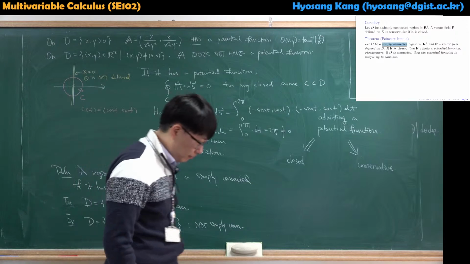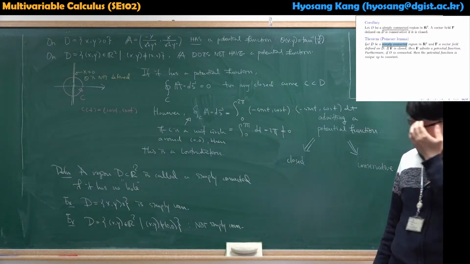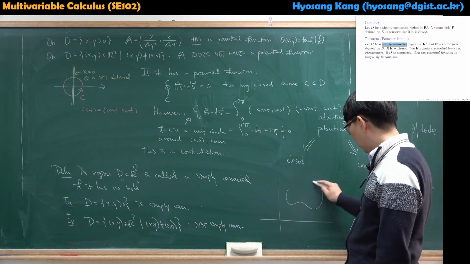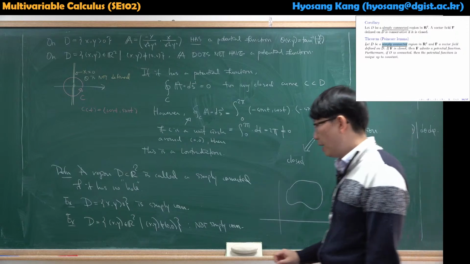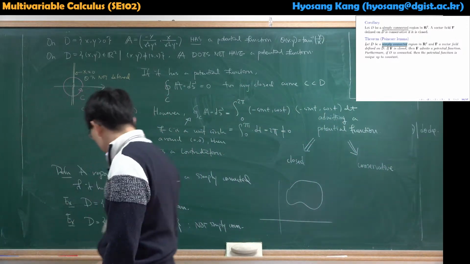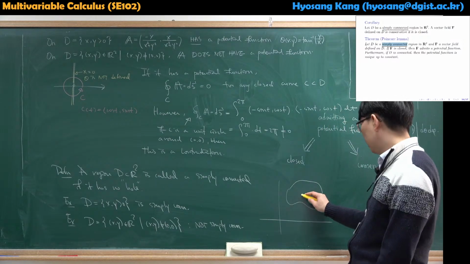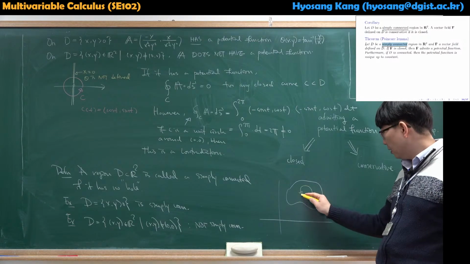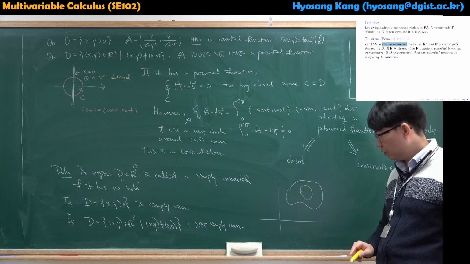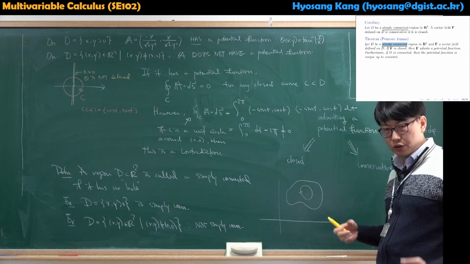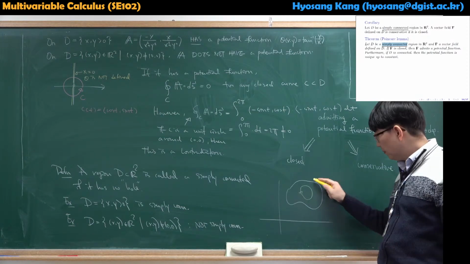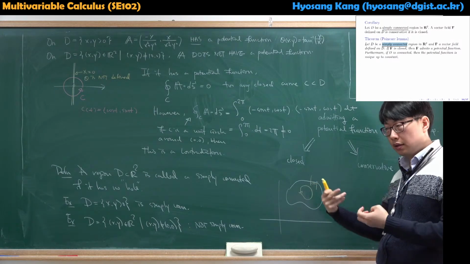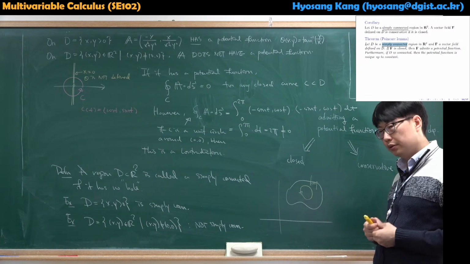So the more rigorous definition of simply connectedness is the following. Whenever you have a domain and you choose a closed path, in other words, a simple path that does not intersect itself but comes back to the original starting point, it's called a loop.